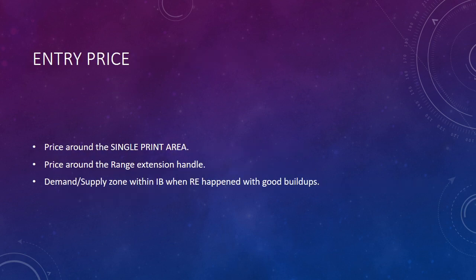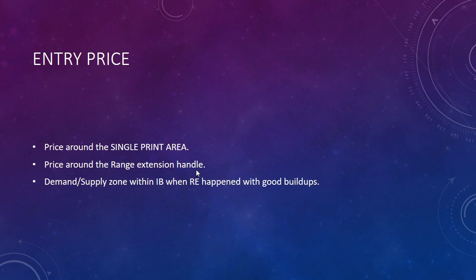So the next point is the entry price. Where should my entry be? If there is a single print area, you should be looking to enter near those single print areas. That is the first point. The second point: in the range extension, whenever you didn't get an entry in the single print and you only have a range extension to enter on, then you would be entering at the average price of the quantity which drove that extension.